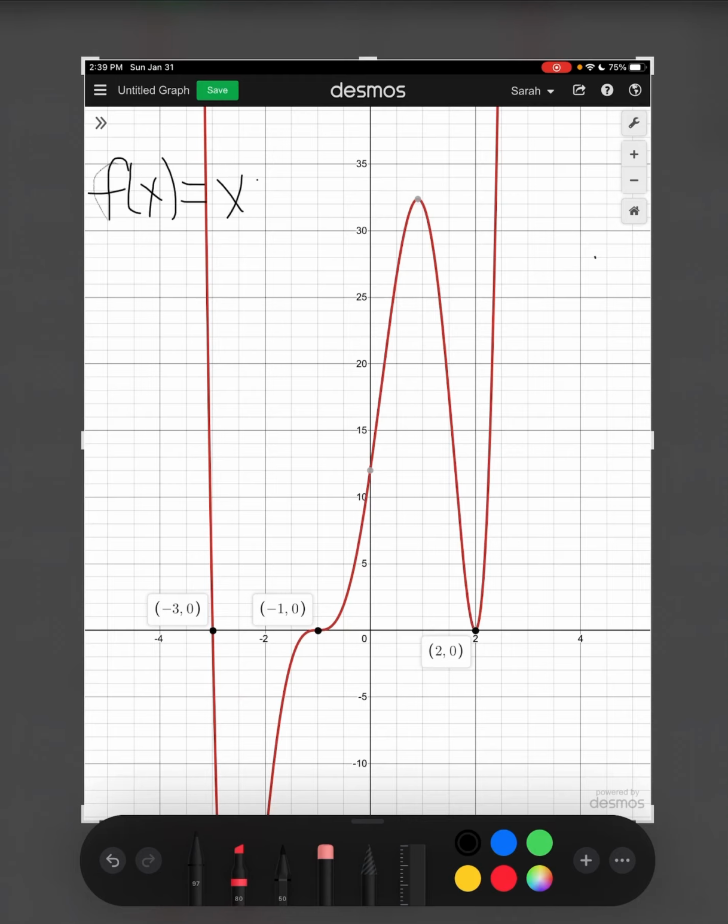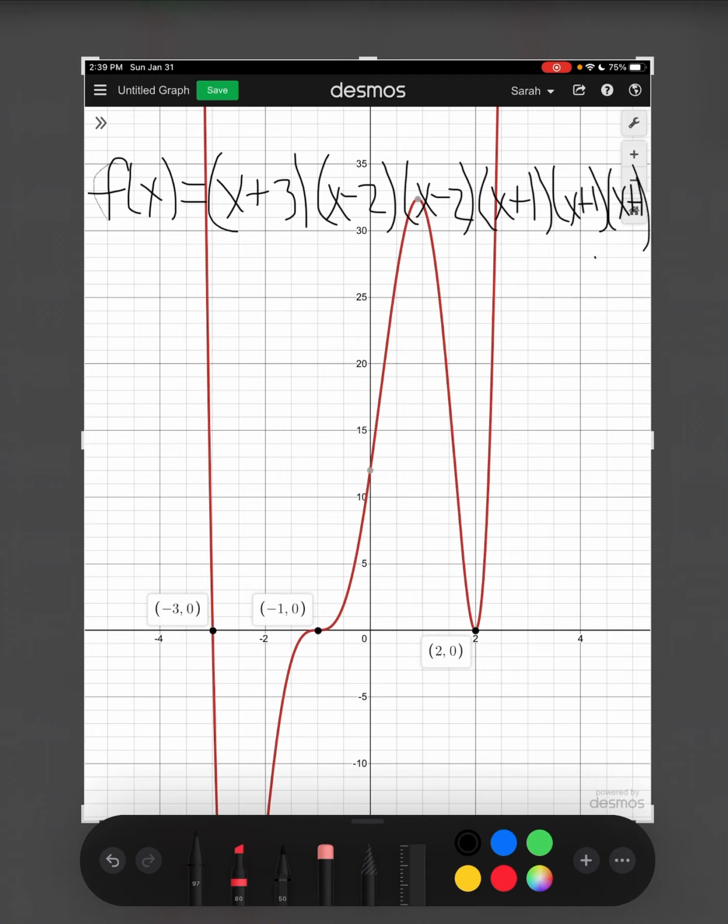We could write f of x is equal to x plus 3 times x minus 2 times x minus 2 times x plus 1 times x plus 1 times x plus 1. So what I did there was I took that negative 2 squared and I expanded it. So here's where we had the negative 2 squared.